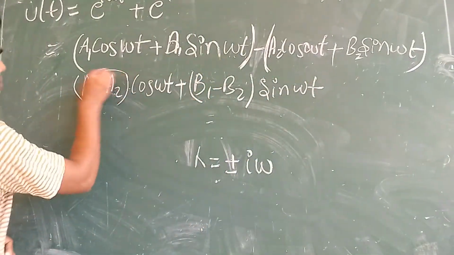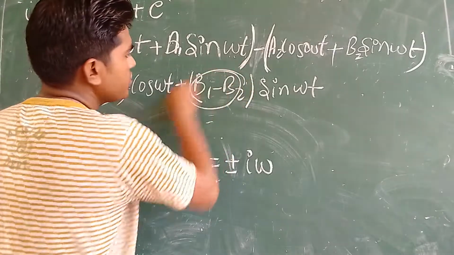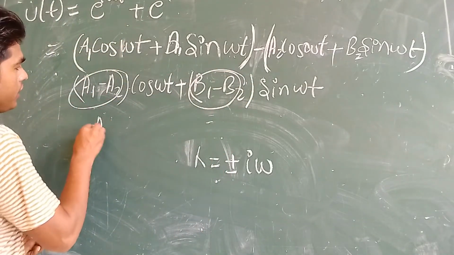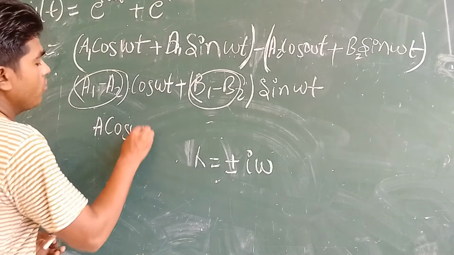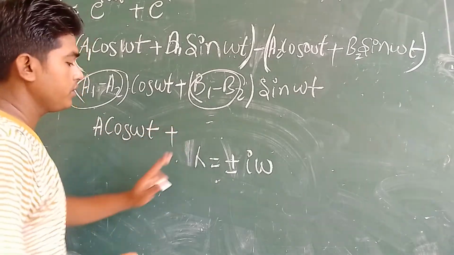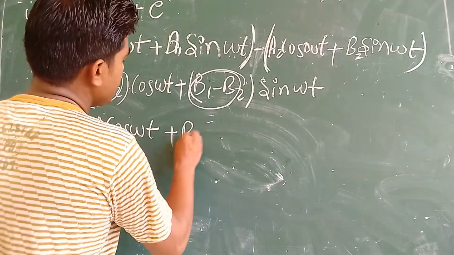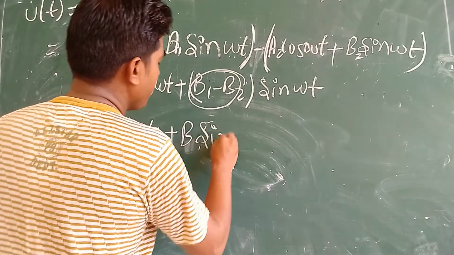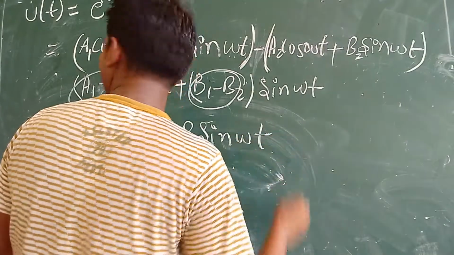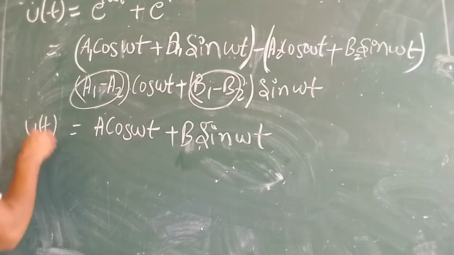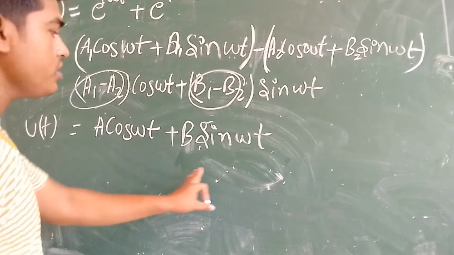These are constants, so I can assume a cos omega t plus b sin omega t. So you write the value u(t) is equal to this equation.